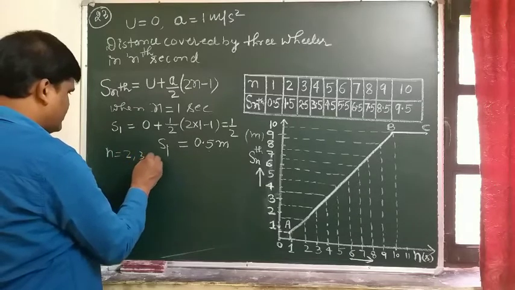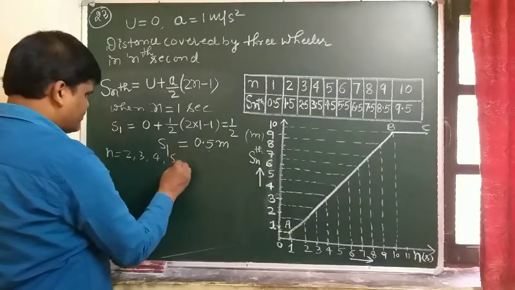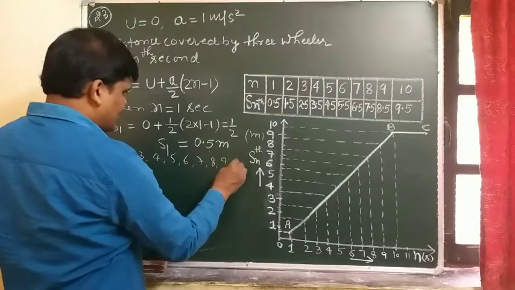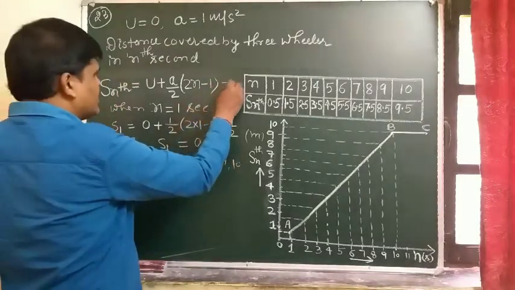Similarly, put n equal to 2, 3, 4, 5, 6, 7, 8, 9, 10 in equation 1.